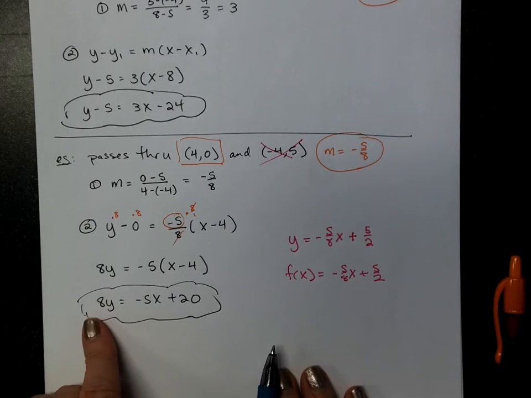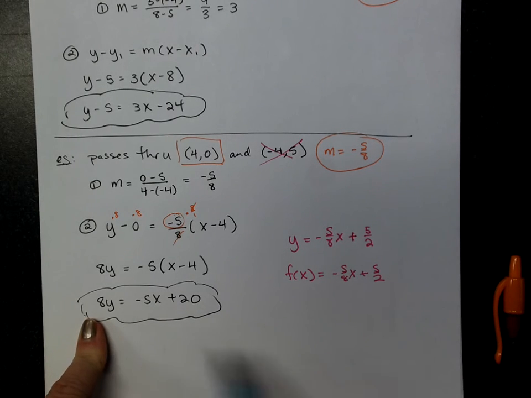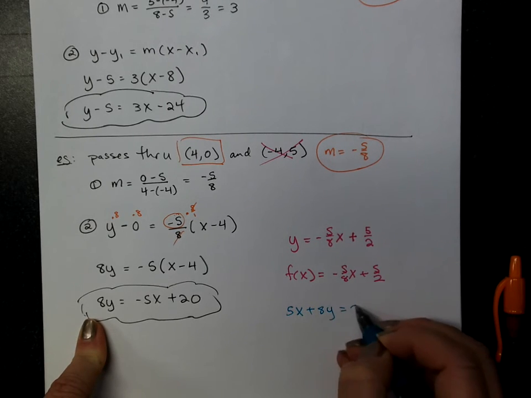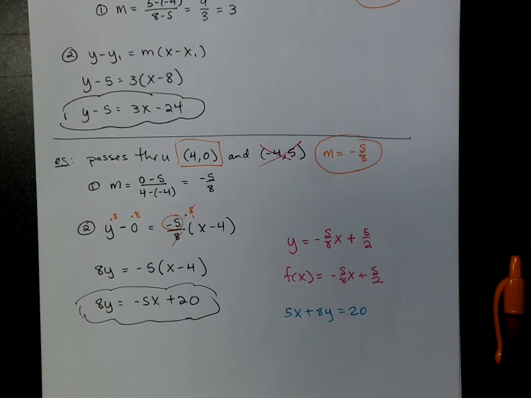Or I add 5x to both sides. There's no constant to move over in this one. So positive 5x plus 8y equals 20. One of those three will be what you end up with.